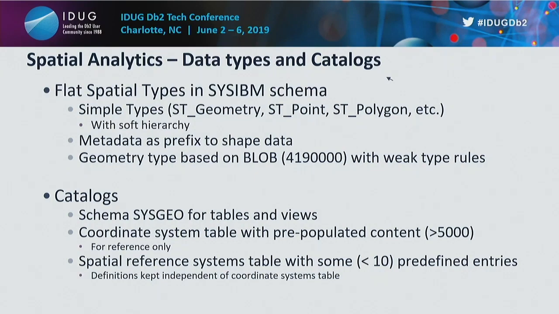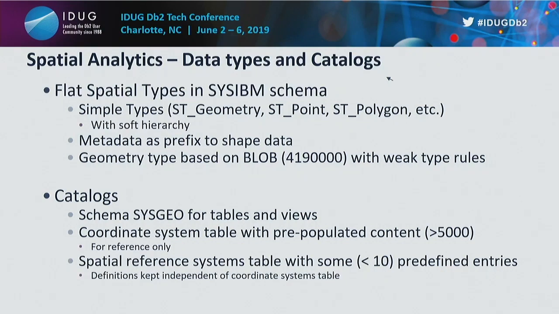So specifically, what do you get when you create these new data types? You get the spatial data types. They're in the sysIBM schema. They have a kind of soft hierarchy. They're not based on the built-in abstract data types. They'll be based directly on the blob data type.